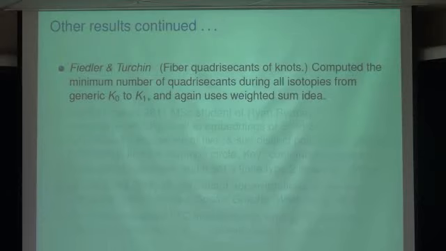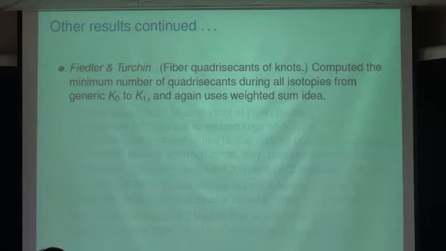So they're fibering R3 by a line and these half planes, and they consider knots transverse to these half planes, and they look at knots and they move them from one knot in a knot type to another, and they look at how that isotopy affects the number of quadrisecants.